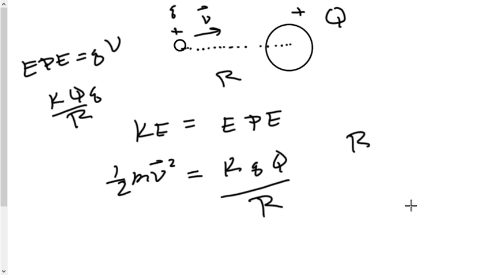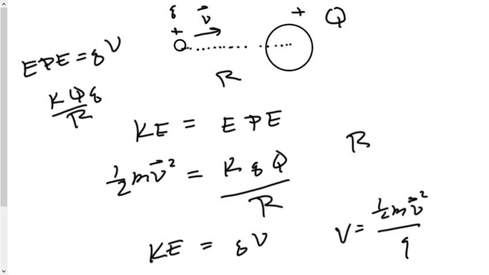Now what if I just wanted to know the stopping potential for this? Well, then I'll just set kinetic energy equal to little q times V. So I'll have 1/2 mv squared of this particle equals the charge of this particle multiplied by V, and then solve for V. So V would then equal 1/2 mv squared, that's the velocity, divided by the little charge's value.